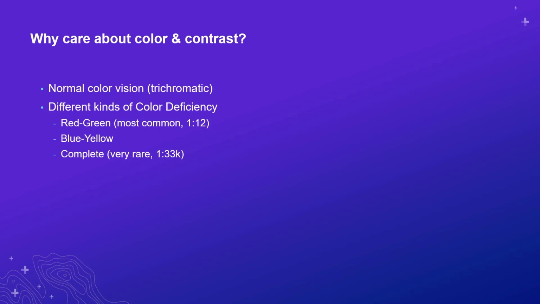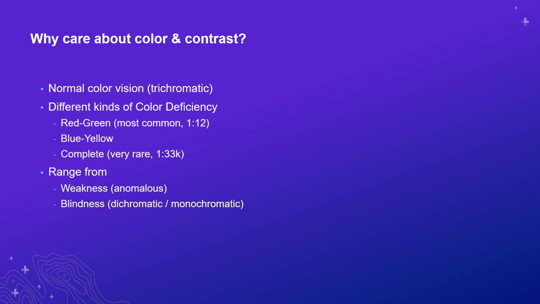So within our community here, I bet you I can find somebody. Less common is blue-yellow weakness, and the very rare one is to have a complete color deficiency. And then there's also a difference between having only a weakness or being completely blind.